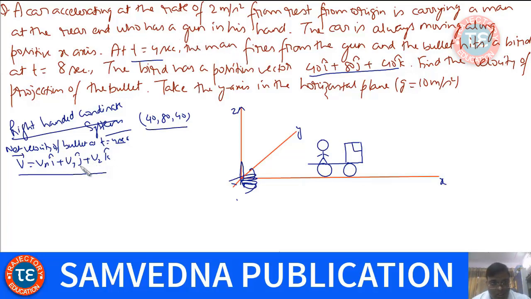Suppose at 4 seconds the man is firing the bullet, so the original velocity of the bullet plus the velocity of the car, which is superimposed, all these give you this net velocity.